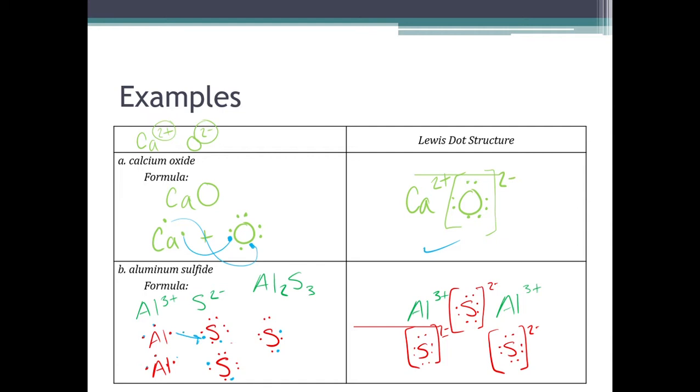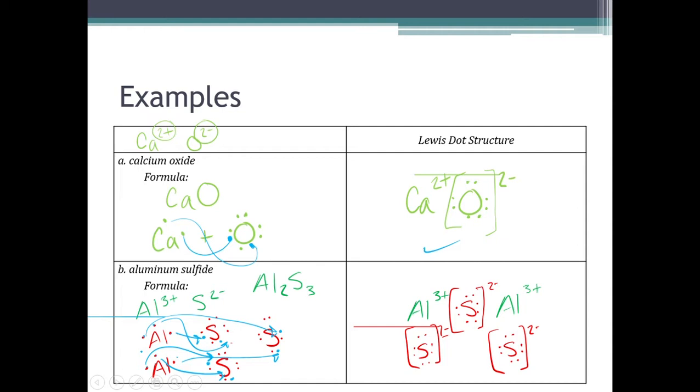So we will just transfer the 6 electrons from aluminum over to sulfur. It's not pretty, and you do not have to show this, but hopefully this at least helps you see a little bit what's happening with the electrons and what we mean when we say transfer from aluminum to sulfur. From the metal, they are given to the nonmetal.